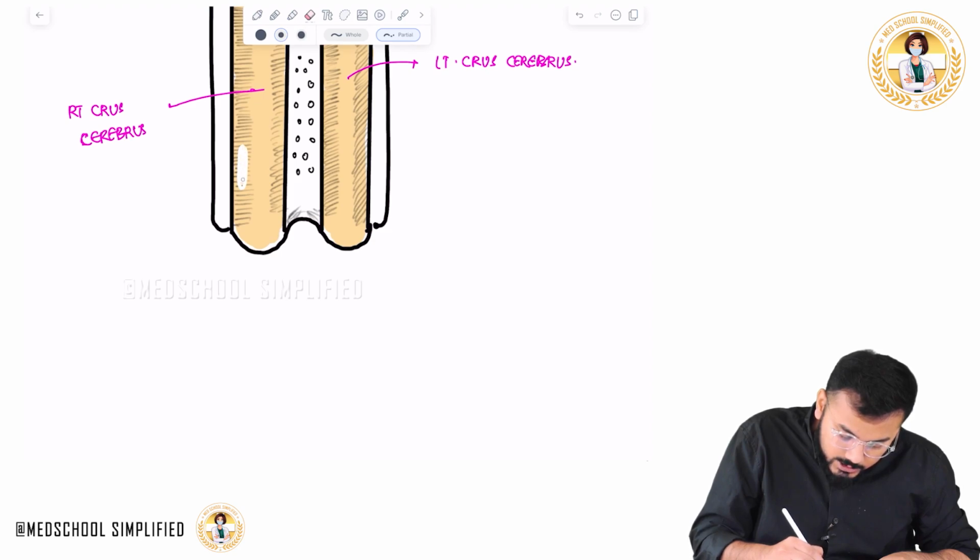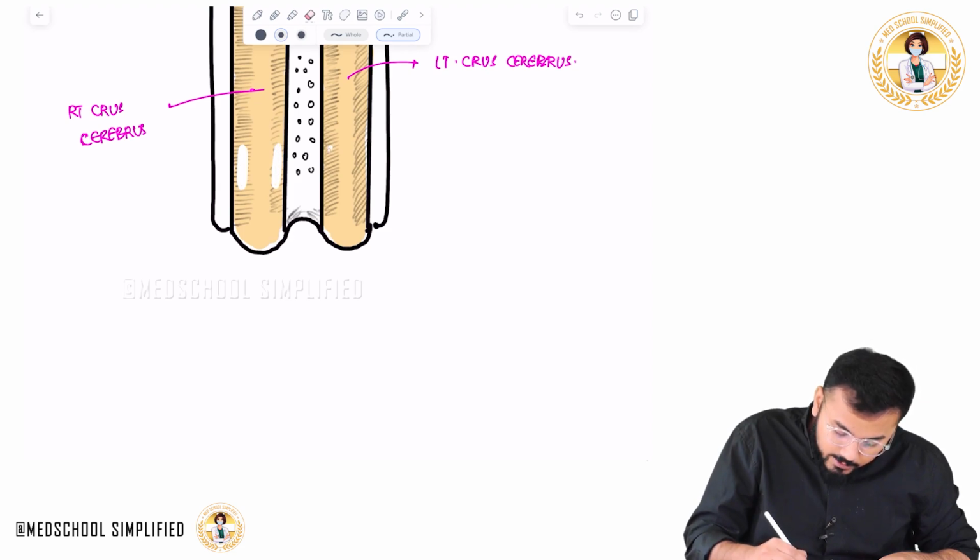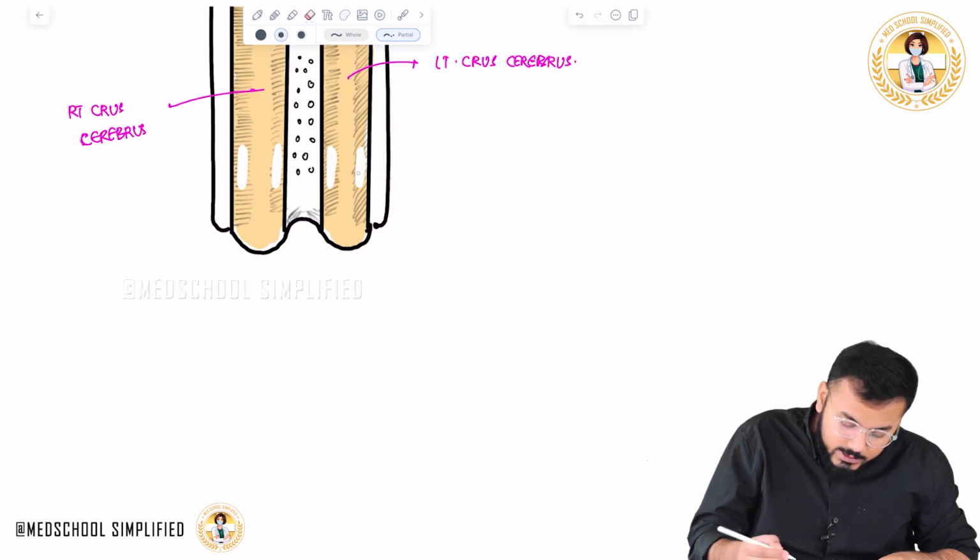Here and here, and in the same way on the other side, we have got that same structure.